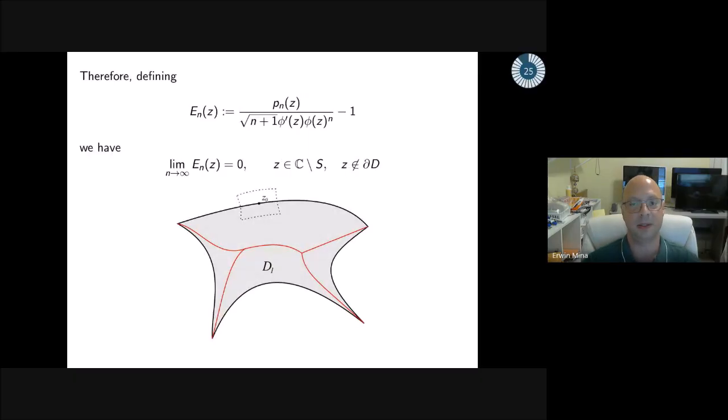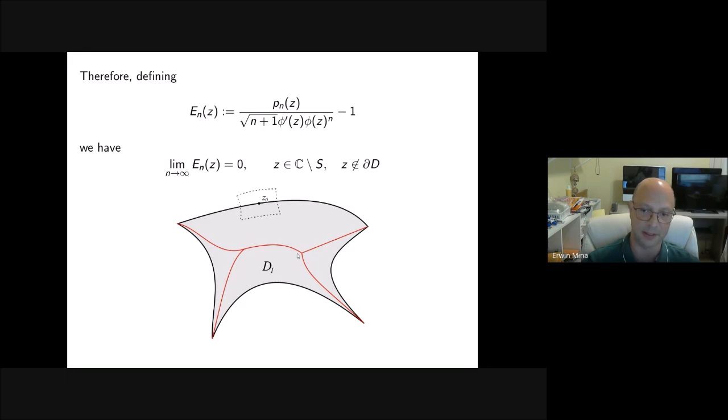So what is the situation then? Let's say that we now rename this difference, the one that we know goes to 0, as E sub n. So what we have proven is that E sub n goes to 0 as n goes to infinity for Z outside S. Let's say my set S consists of these red arcs.